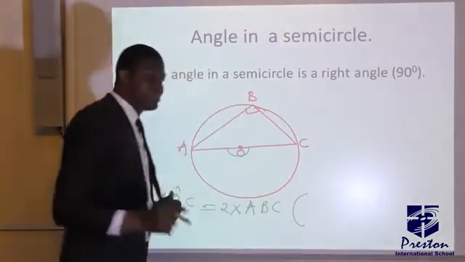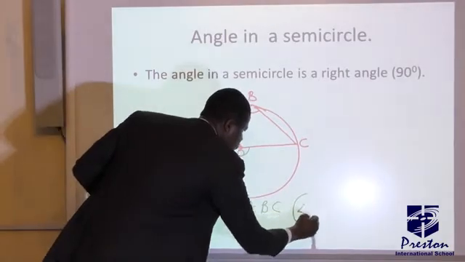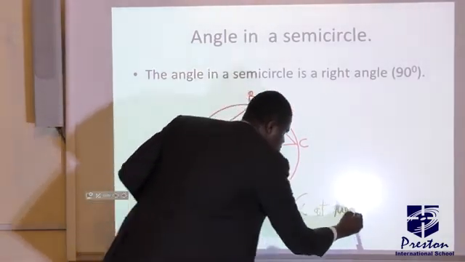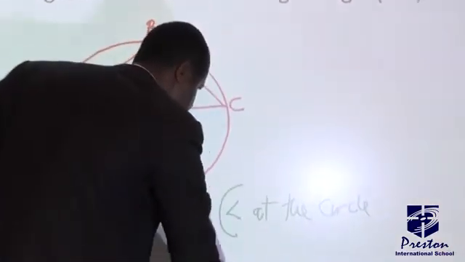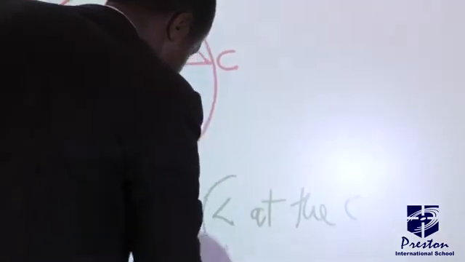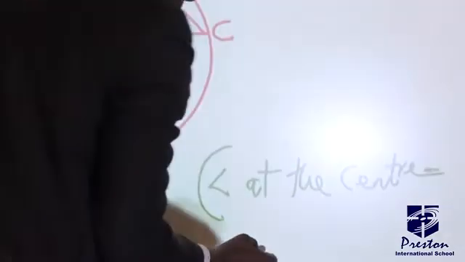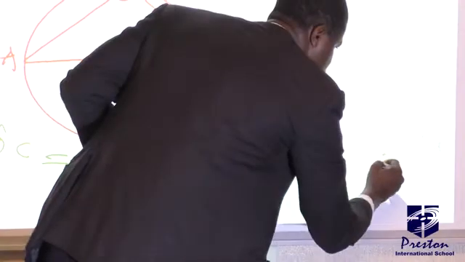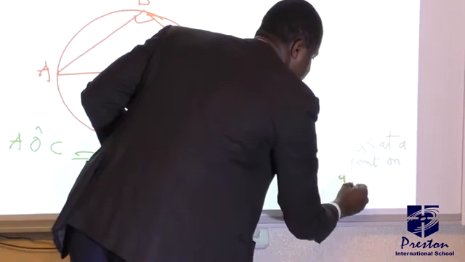And the theorem that backs that answer is: angle at the center is always equal to twice, that is 2 times, angle at a point on the circumference.